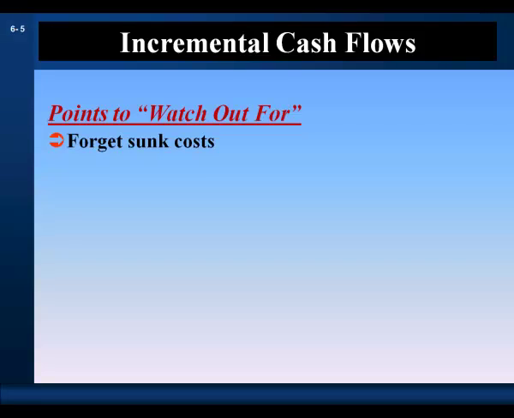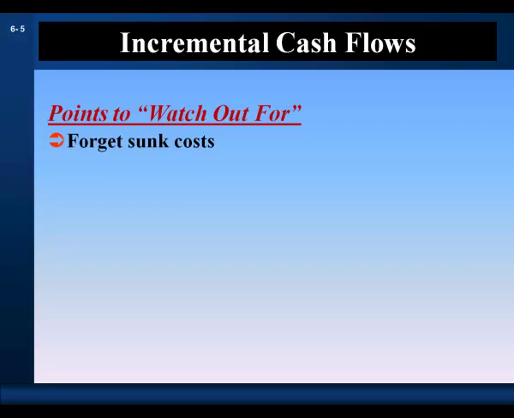Forget sunk costs. A sunk cost is a cost that's already occurred. These might include the cost of research and development and feasibility studies, any costs that have been incurred to bring the project to the point today when an accept-reject decision must be made. These are costs that occurred before today's accept-reject decision, and they can't be changed by the decision made today.